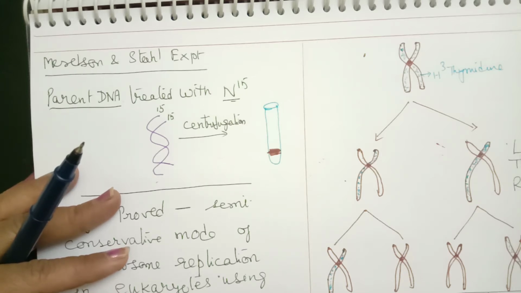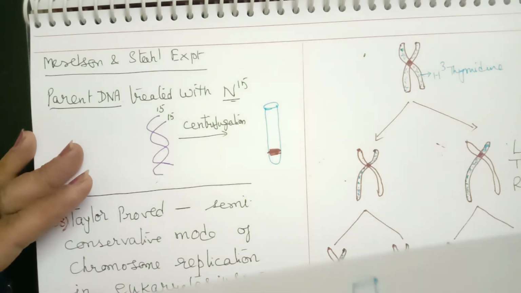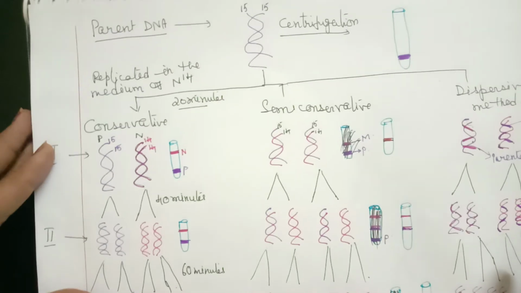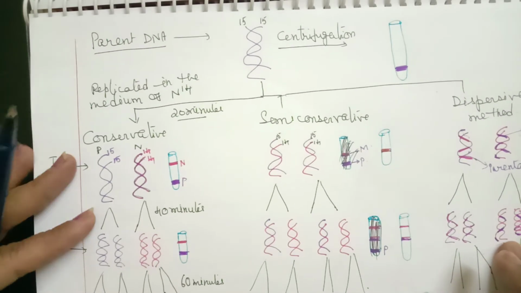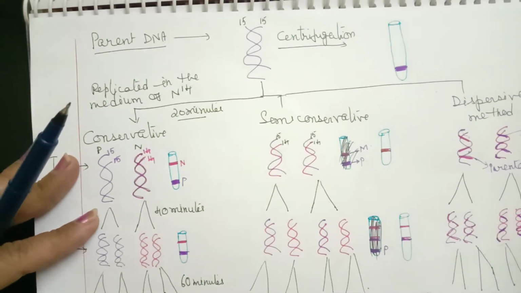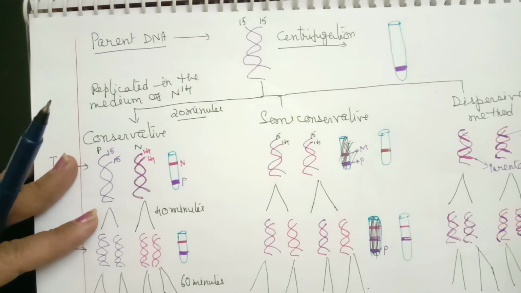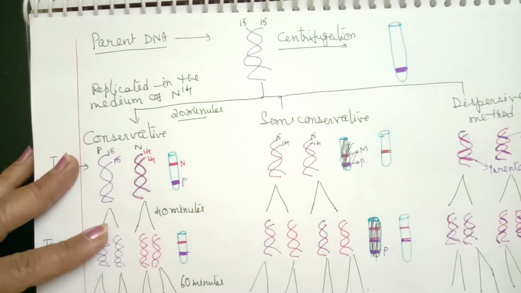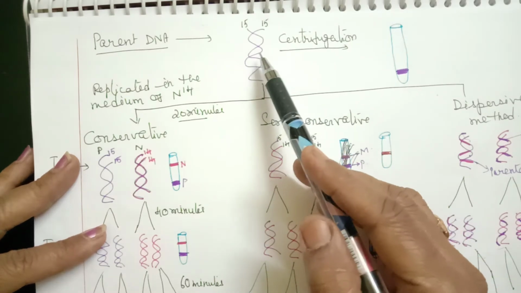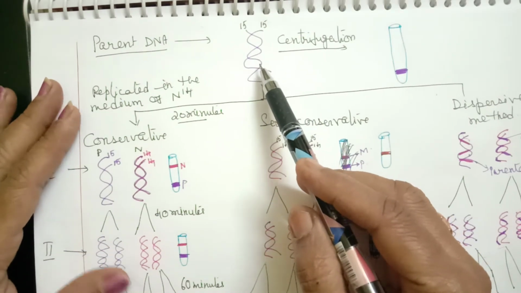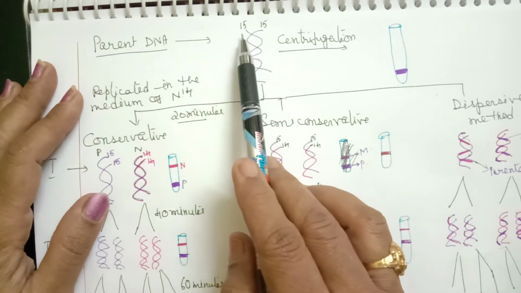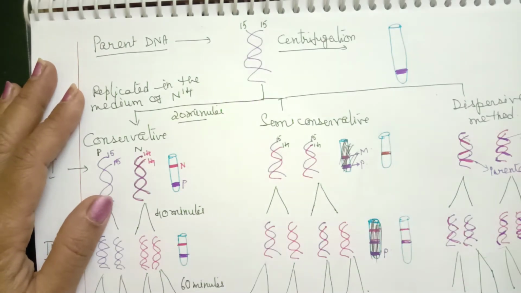Here I am going to show a diagram I have drawn to prove this. First, a parent DNA is taken. E. coli cells are first treated with N15 nitrogen.